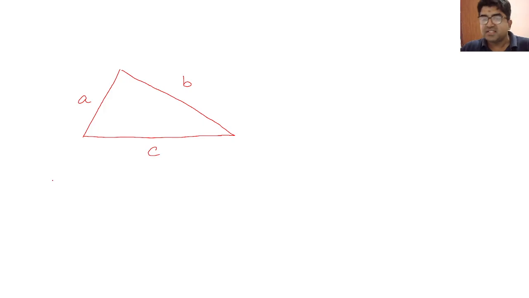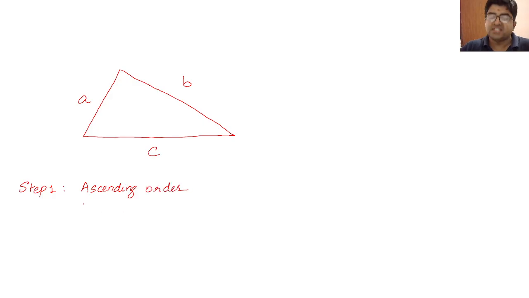If, in the question, you are given the measurements of the three sides of the triangle, the first step is step number 1: present the three sides in ascending order, the increasing order.